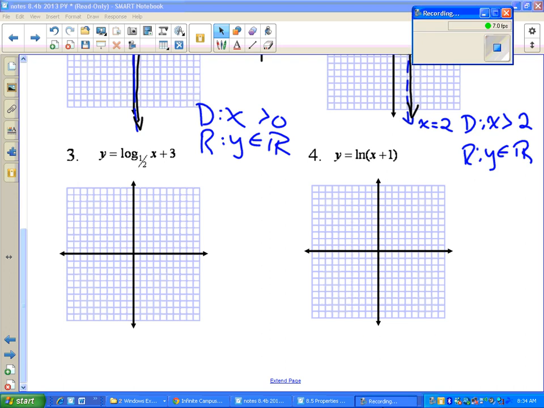I'm going to pause. Up to this point, can you do any of these graphs by hand? Are we capable of doing these by hand? Yes, if we want. If I say no calculator on the quiz or the test. Can I do these in my calculator? The answer is yes, and so that's what we're going to do for 3 and 4.